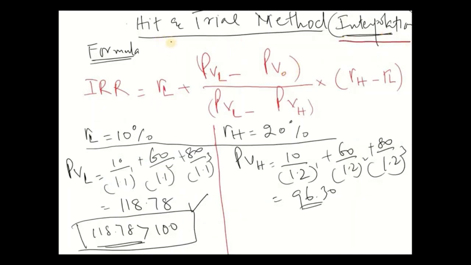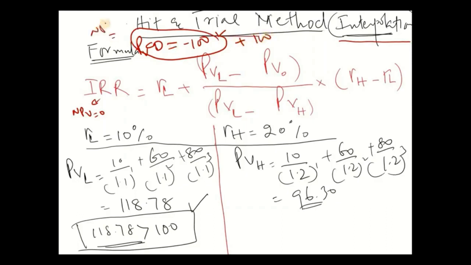First of all, you need to see what your outflow is. Cash outflow was how much? -100. This is the present value of cash, the investment. You need to calculate the IRR, because at IRR your NPV is 0. The first thing we know is that our present value of cash outflow is -100, and if our present value of cash inflow is also 100, then our NPV would be 0.